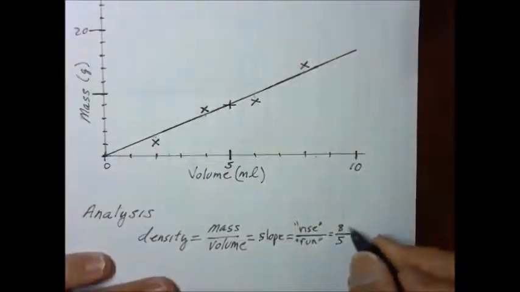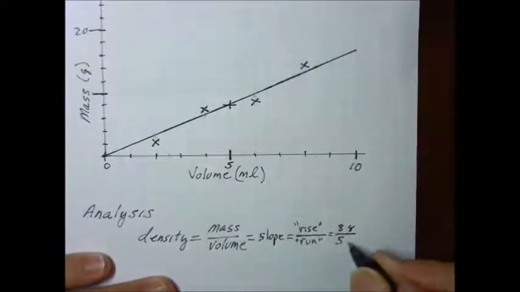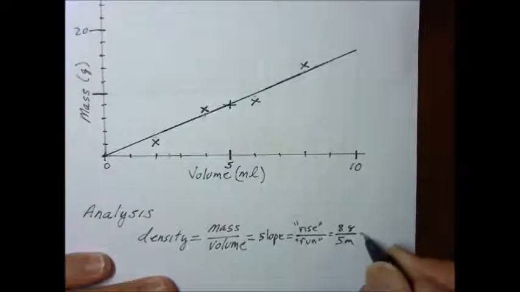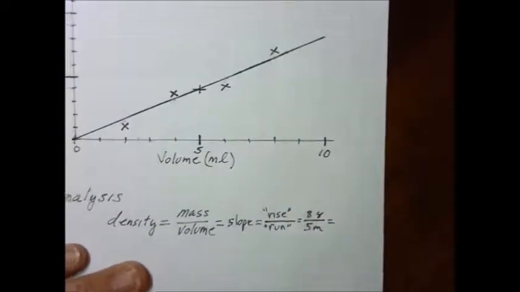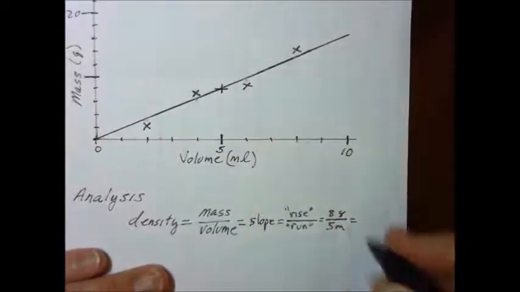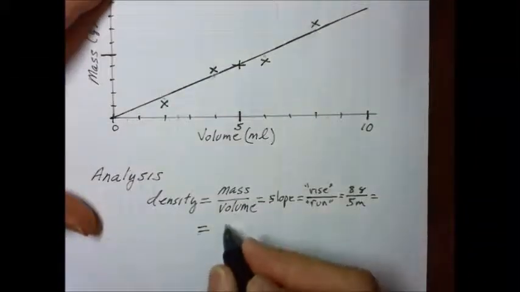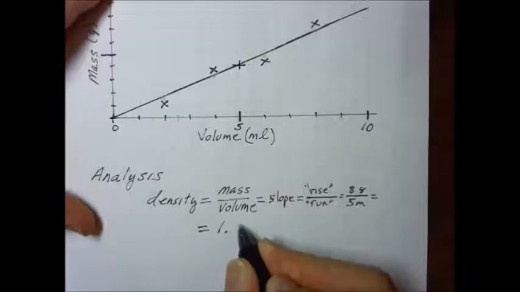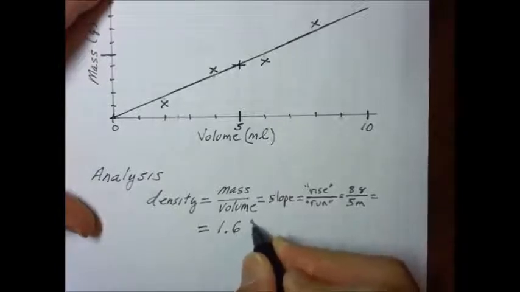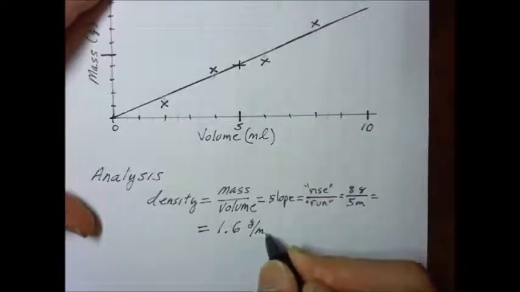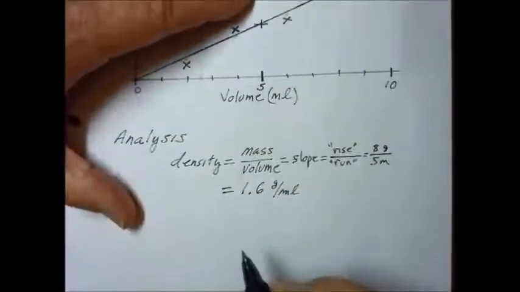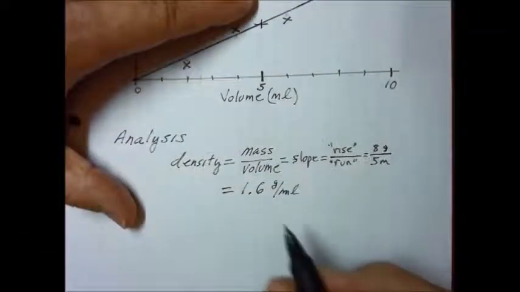That is 8 grams over 5 milliliters. And I can get a numerical value for that with my calculator. So density is equal to 1.6 grams per milliliter.